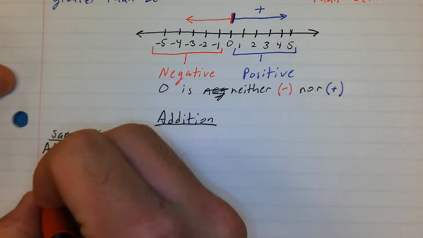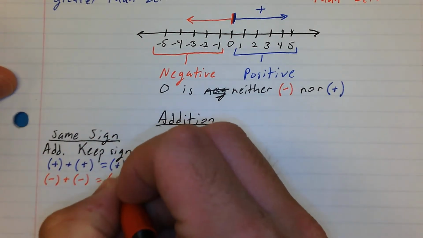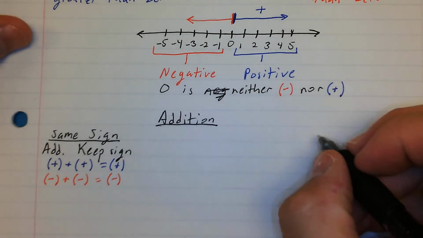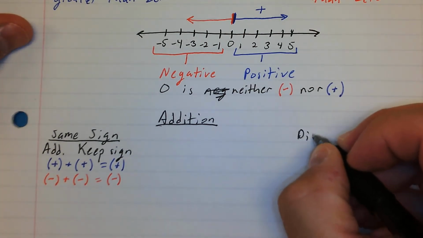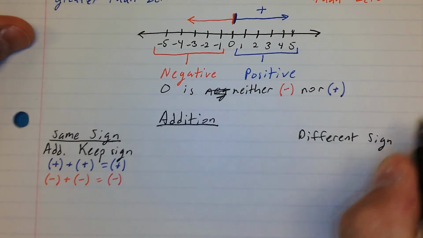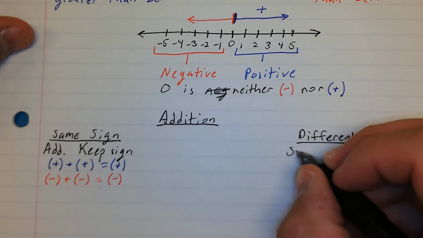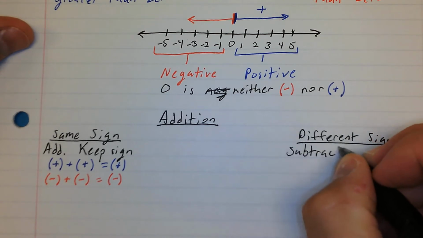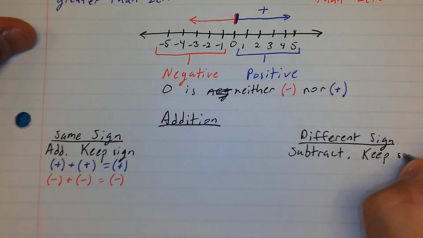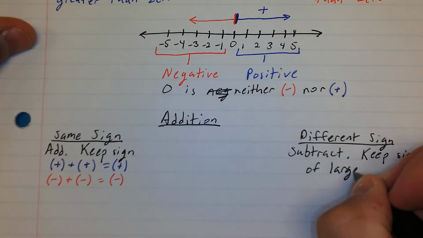If both numbers are negative and we add them together, then the answer will just be a larger negative. If the signs are different, so if the two numbers we're adding together have different signs, then the little shortcut is you just subtract the two numbers and you keep the sign of the larger number.